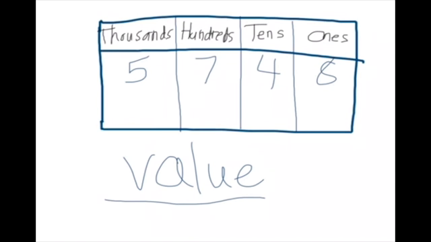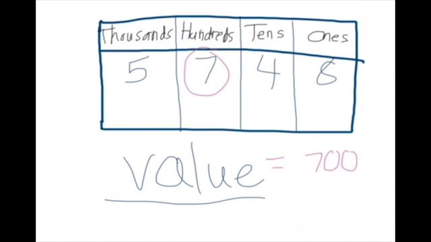So what's the value? Let's look at our hundreds place right now. I have a 7 in my hundreds place, but is the value really 7? Since it's in the hundreds place, it's not a 7. It's a 700, okay? Because our 700 is in the hundreds place.